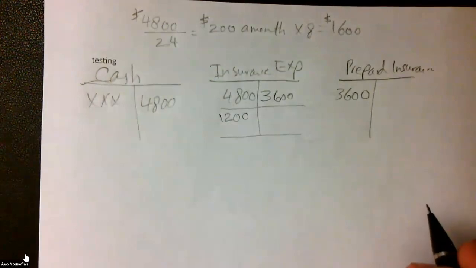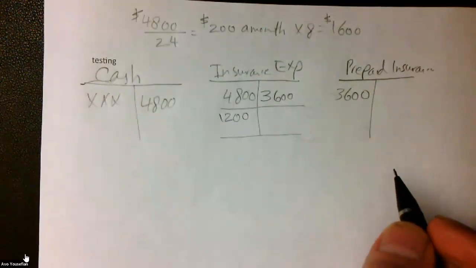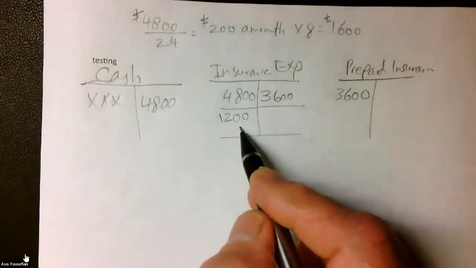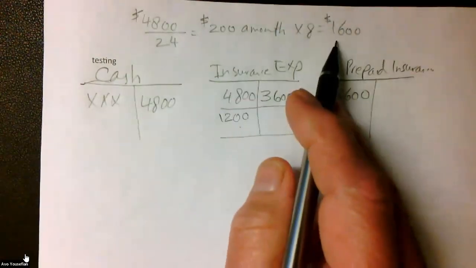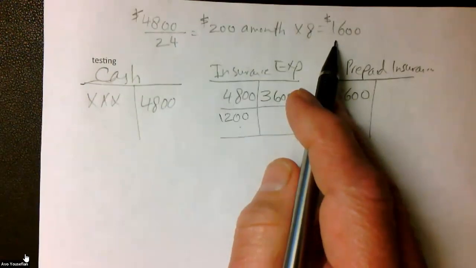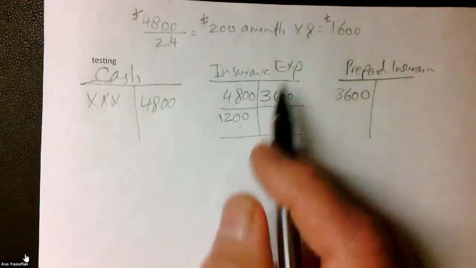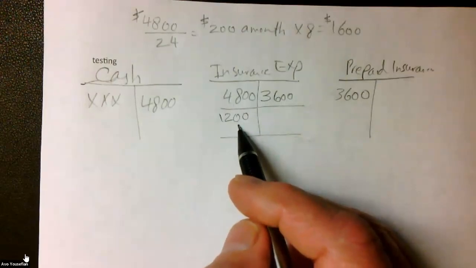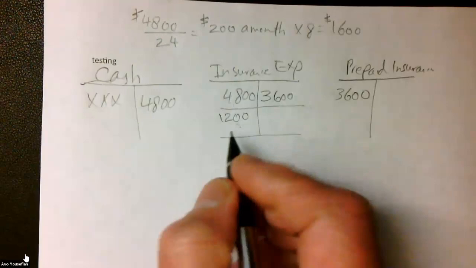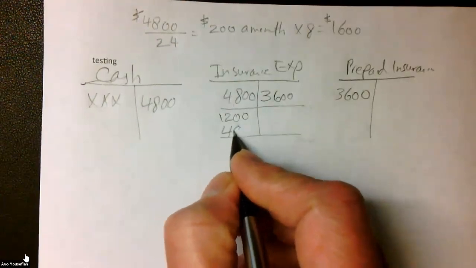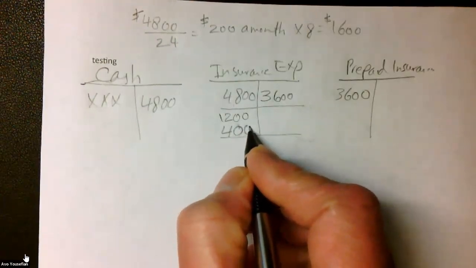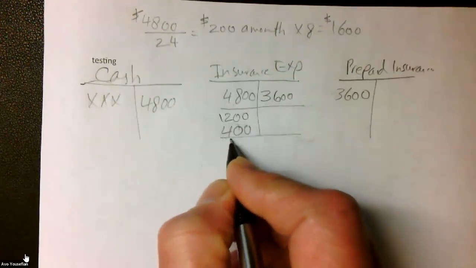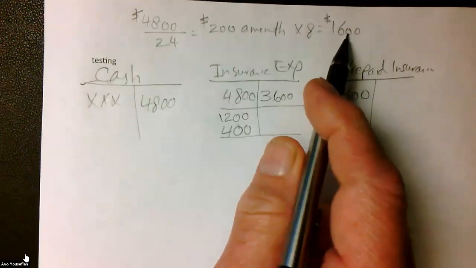So far, so good. And insurance expense is showing 1,200. But how much insurance expense do you really need to have? 1,600. That's not good. So how much more do you need here? You need another $400, so you need to add another $400 right here to make the expense 1,600.